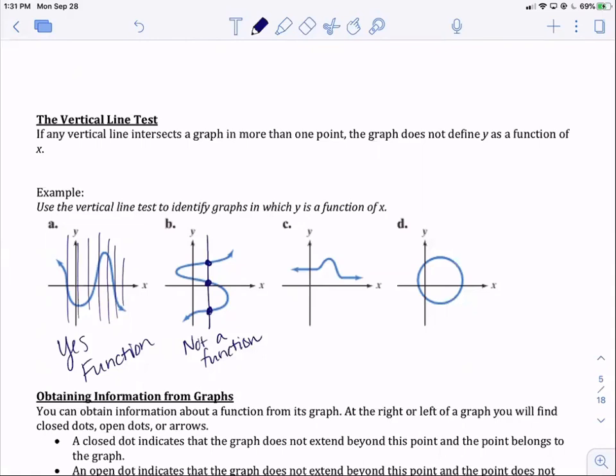C is a fun little graph. But if we draw a vertical line anywhere, are we ever going to cross more than once? No, which means it is a function. And what about a circle? Nope.